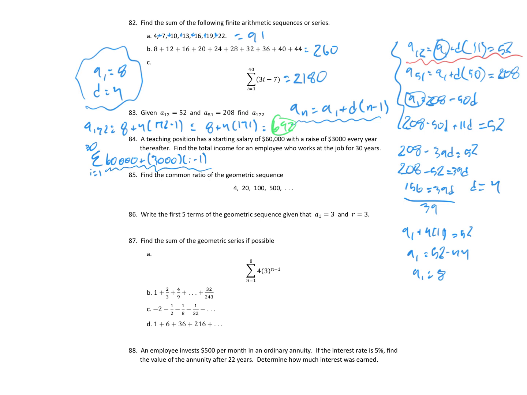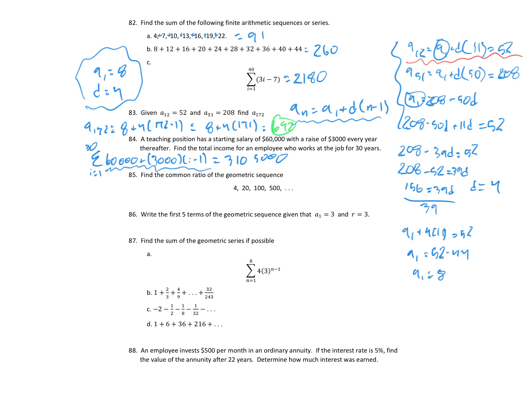So I'll type in 60,000 plus 3,000 times x minus 1, comma, x, because that's a variable, comma, 1, because we start at 1, and then comma, you guessed it, 30, because we go to 30. So, nice. And what our calculator should spit back out at us is this number here.